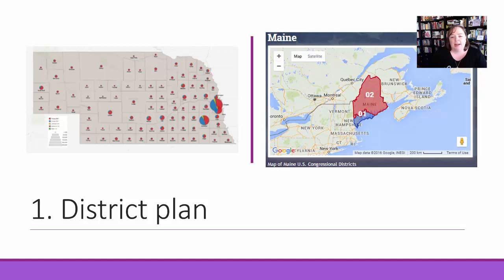So notice here on the right in Maine, this is from 2016, the first congressional district, which is the part along the coast, was won by Hillary Clinton. The second congressional district, which is the more rural part of northern Maine, was won by Donald Trump. And Hillary Clinton won a plurality of votes in the whole state.